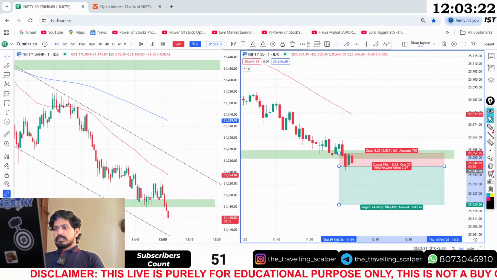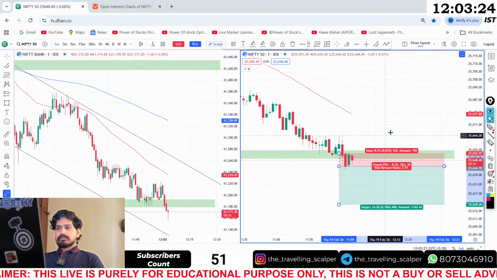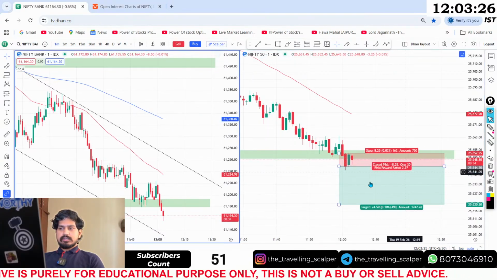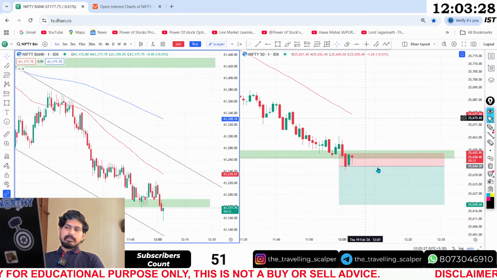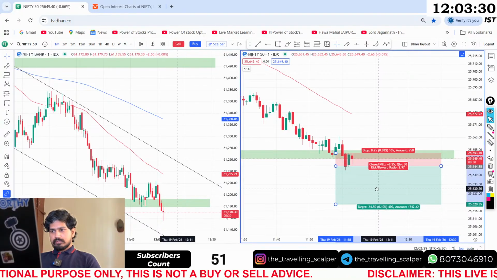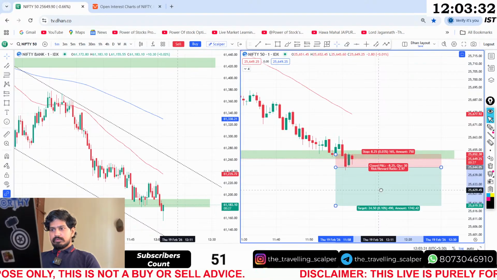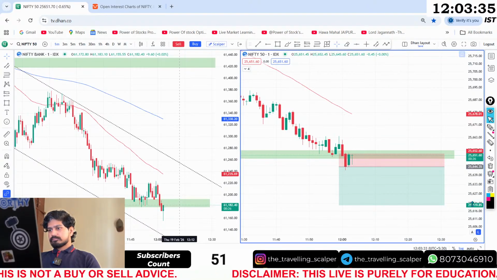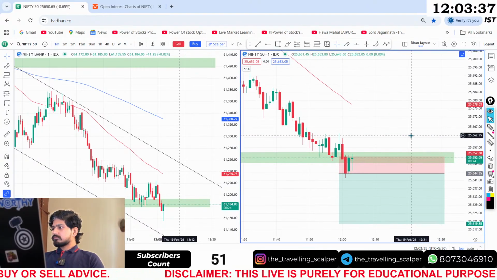Okay, so if Nifty falls and a red candle closes below this level, then we can go for a downside trade. Otherwise this will be a fake breakout and then the market can easily go up. So below this red candle I'll be going for a downside trade.